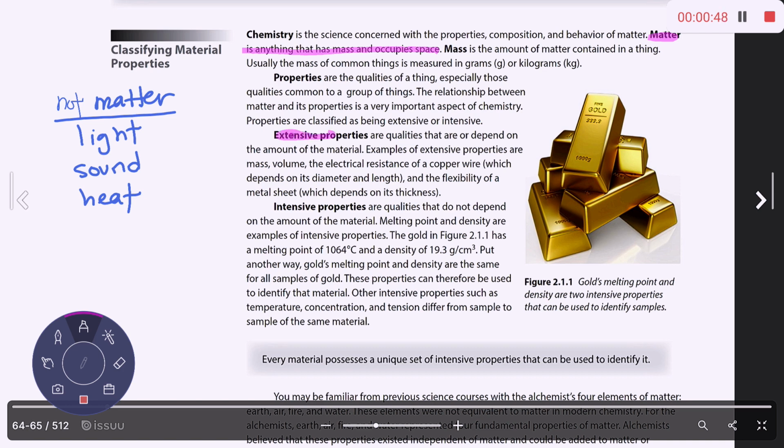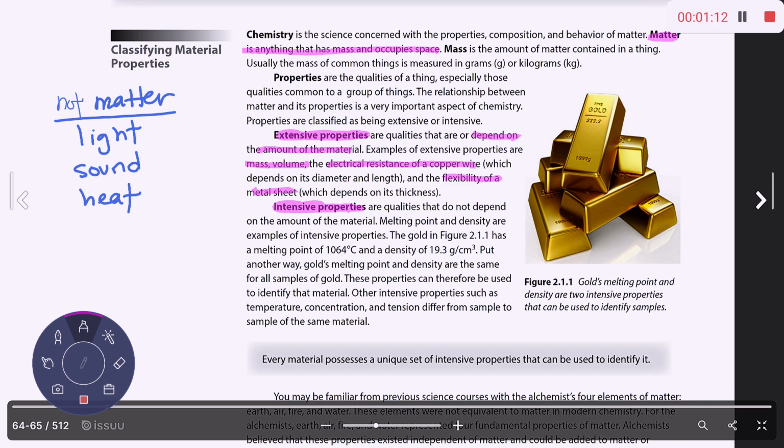We have extensive and intensive. Extensive properties depend on how much we have. Some examples would be mass, volume, the electrical resistance of a metal wire, because that depends upon how thick it is and its length, and the flexibility of a metal sheet, which depends upon how thick it is.